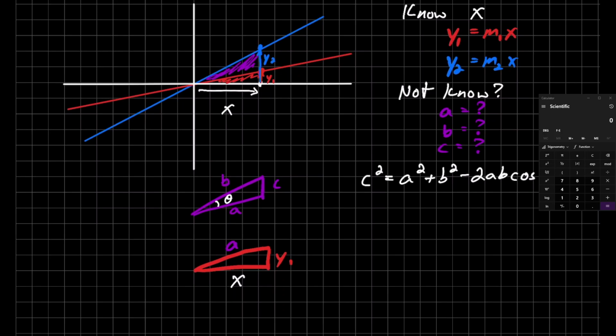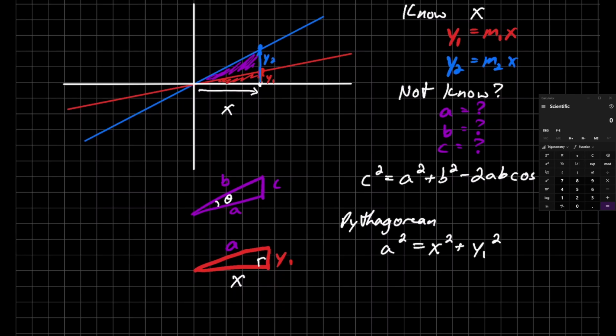And so if I wanted to get A, because of the way that I've been using x's and y's, those are perpendicular to each other, so that's a right angle triangle. So using the Pythagorean theorem, we know that in this case a squared is equal to x squared plus y1 squared.